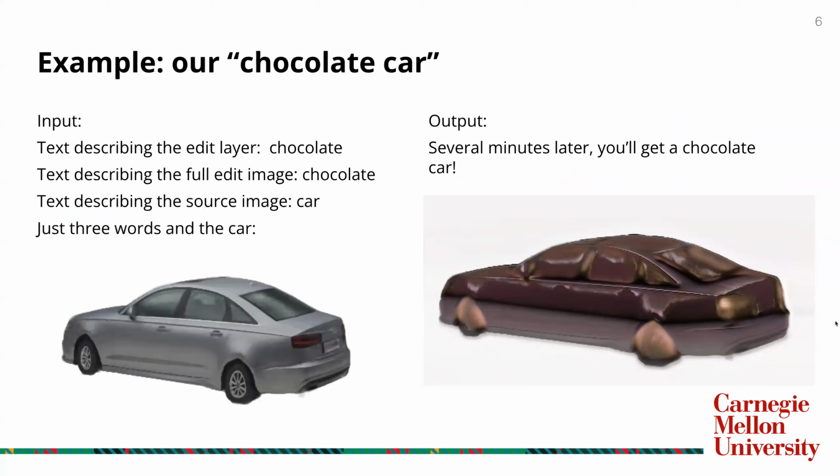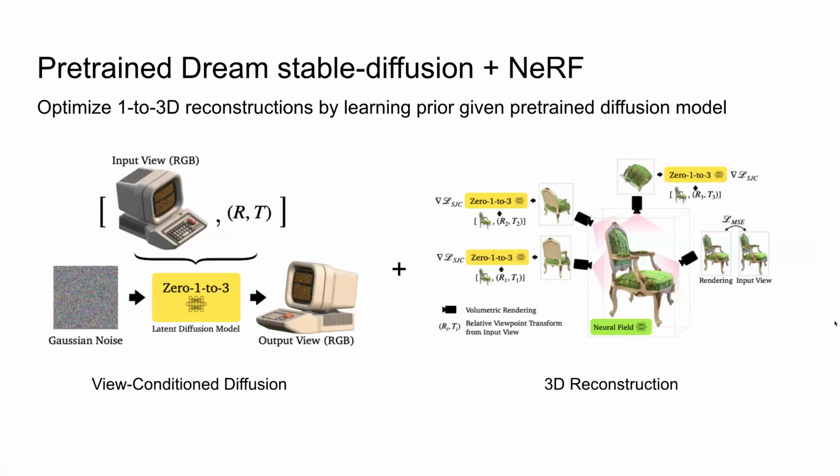Next, let's dive into the pre-trained DreamStableDiffusion and NeRF, which is the second part of our pipeline. Given the picture edited under language guidance, we apply a novel method to shift a camera's viewpoint from a single image. Using the DreamStableDiffusion pre-trained diffusion model introduces a process where Gaussian noise initiates a transformation within a latent diffusion model.